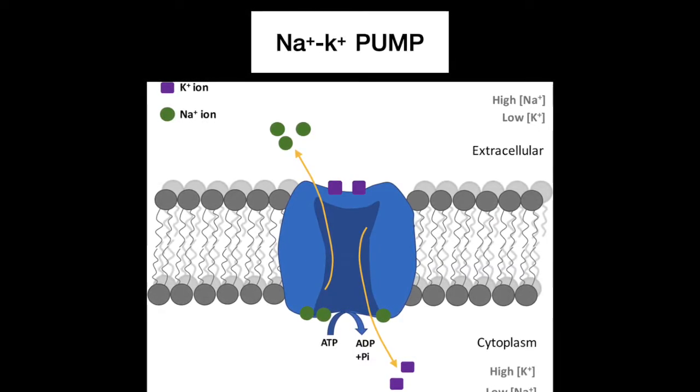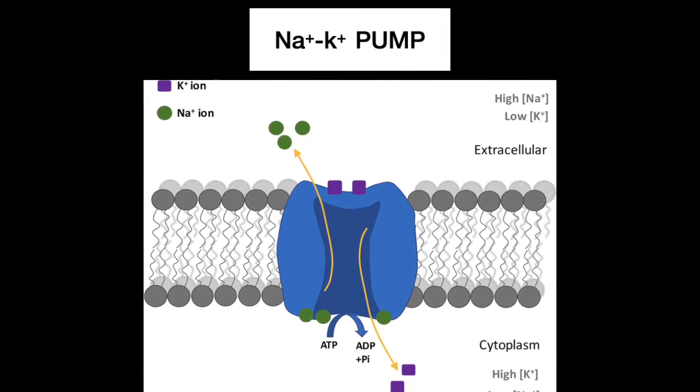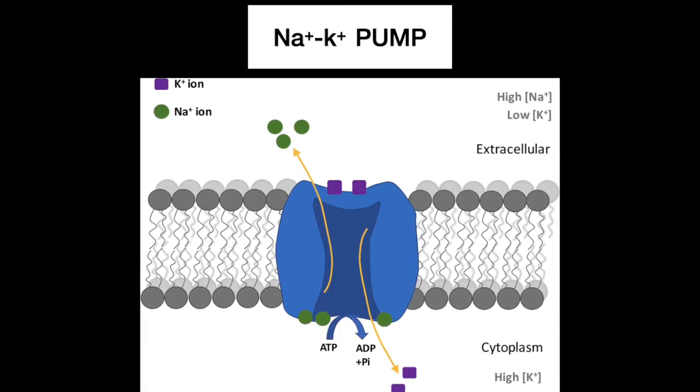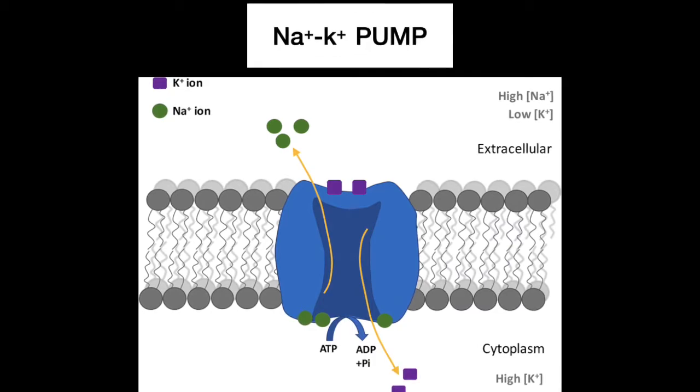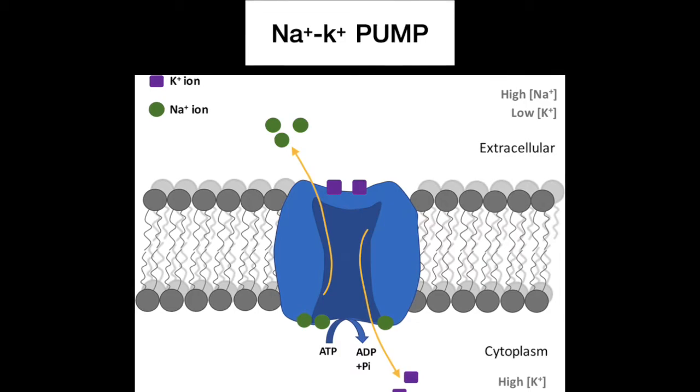The pump operates as an ATP-driven antiporter, actively pumping sodium out of the cell against its steep electrochemical gradient, pumping potassium in, which is also known as a sodium-potassium ATPase.